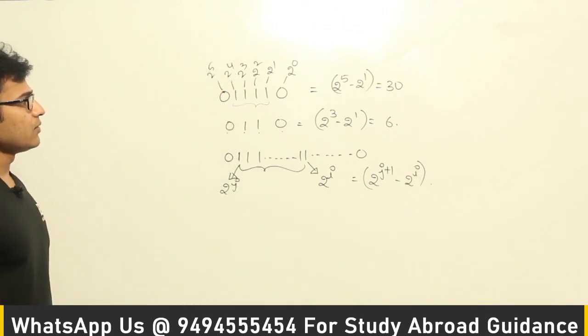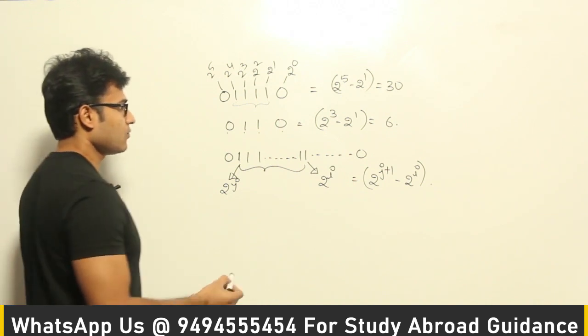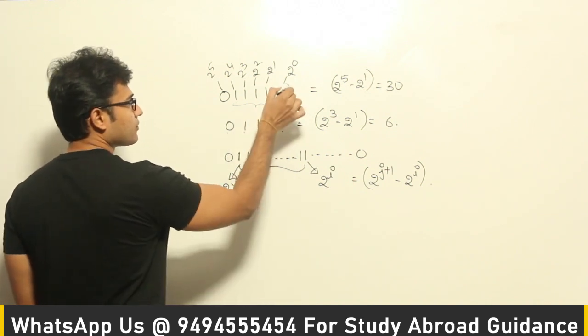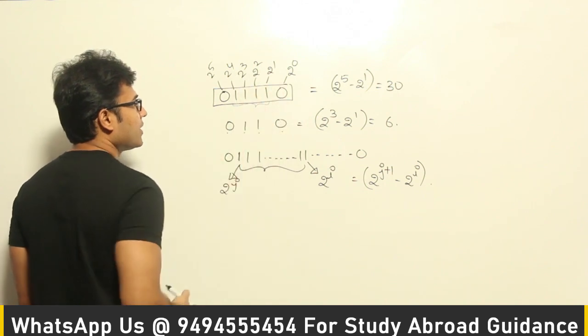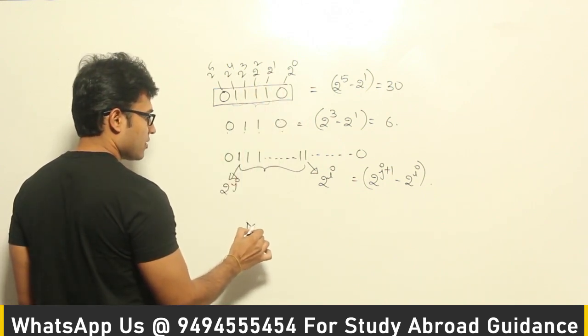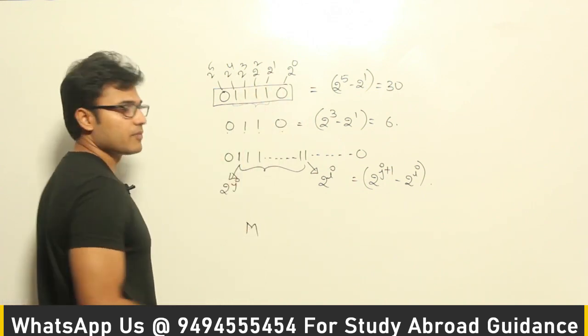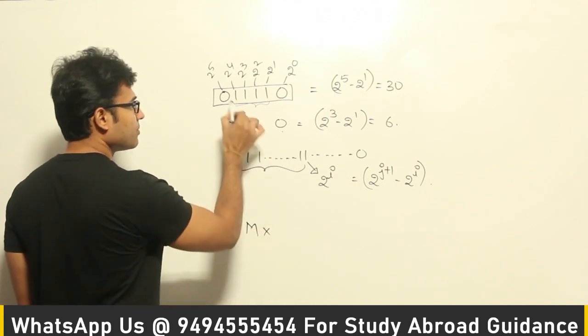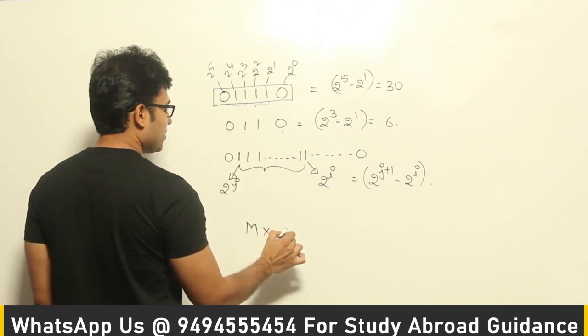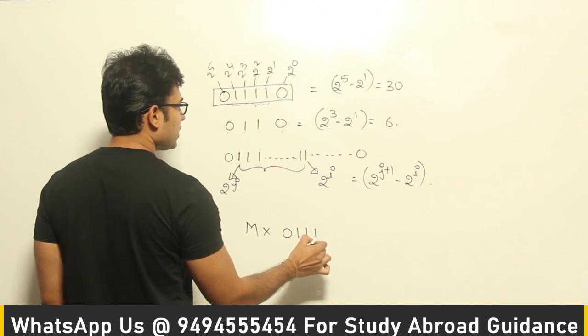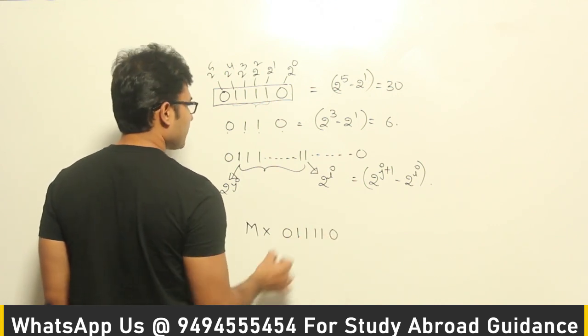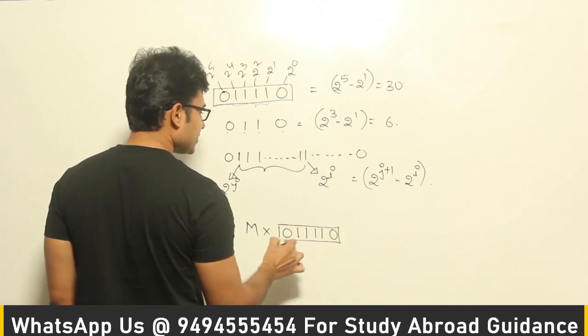Now let us say you have to multiply two numbers and one number is in this form. Let's say I have a multiplicand m, and I want to multiply this number with the multiplier q, and the multiplier is this one. Let's say this is q.